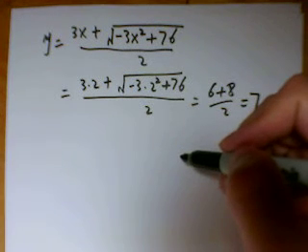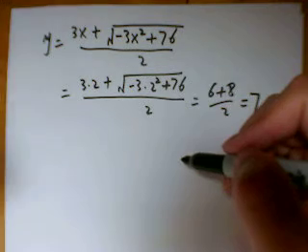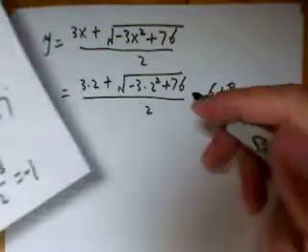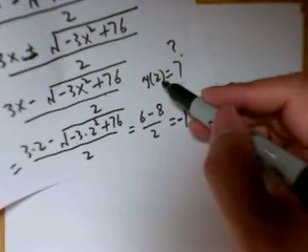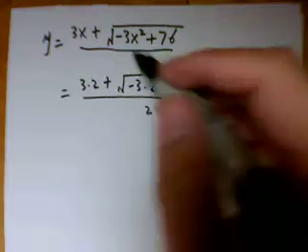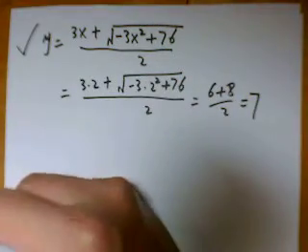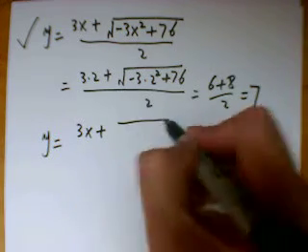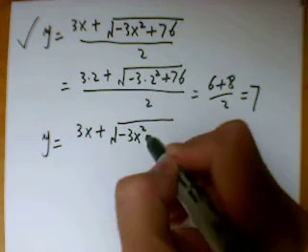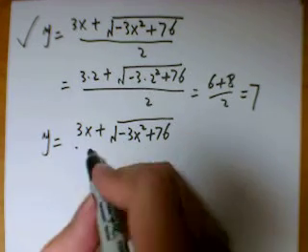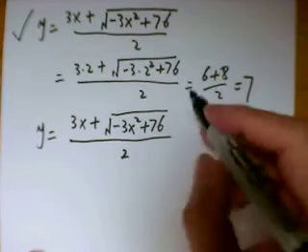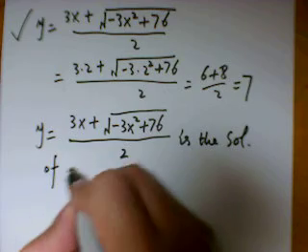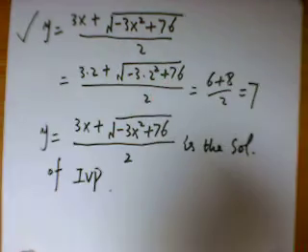That exactly satisfies the initial condition, because the initial condition tells you when x equals 2, y equals 7. So this case is our solution. So y equals 3x plus the square root of this guy is the solution of the IVP. Okay, that's it.